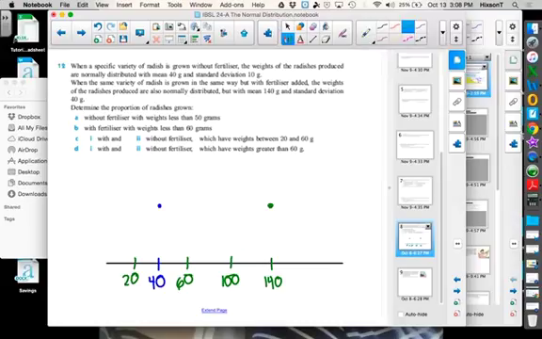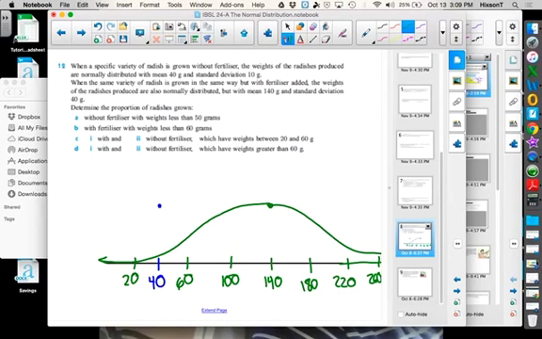And this is what our bell curve then is going to look like for the ones with fertilizer, okay? And then going this way, we'd have 180, 220, and finally over here 260. All right, and then this is what this side of the bell curve would look like.